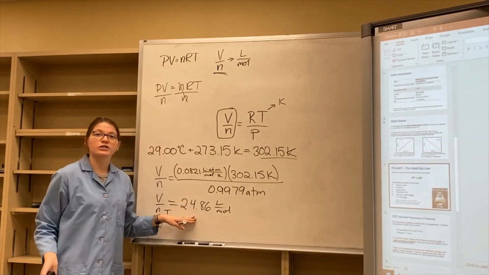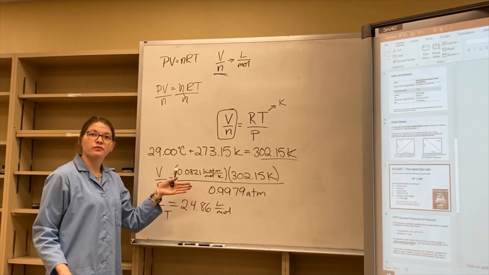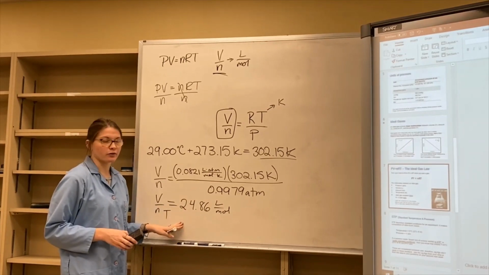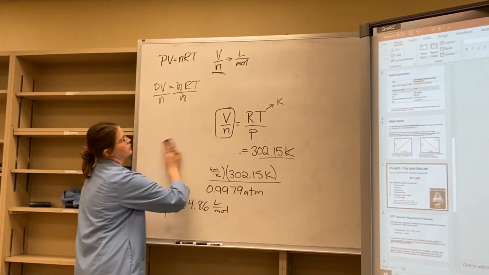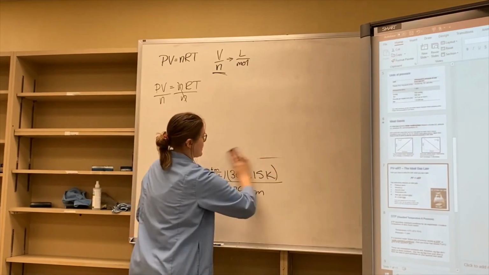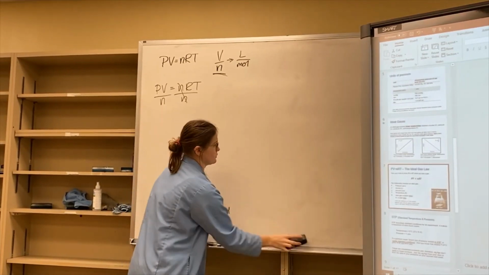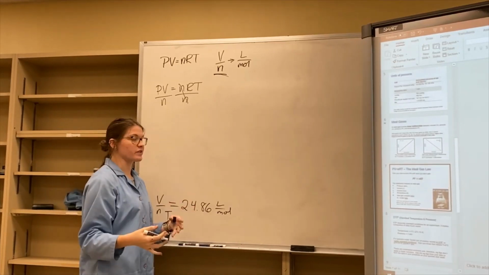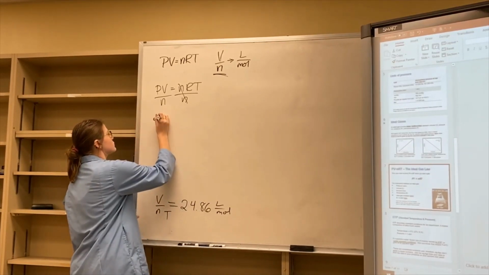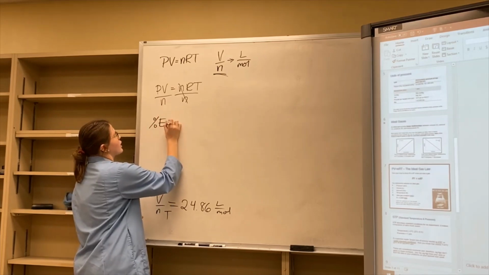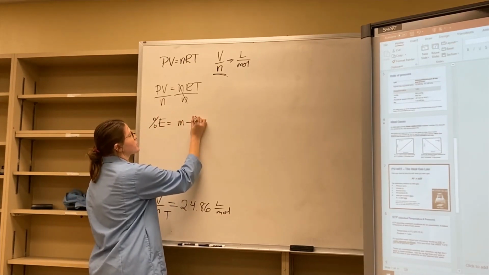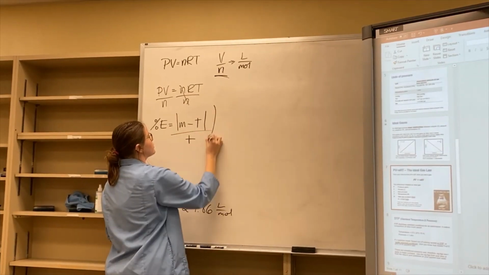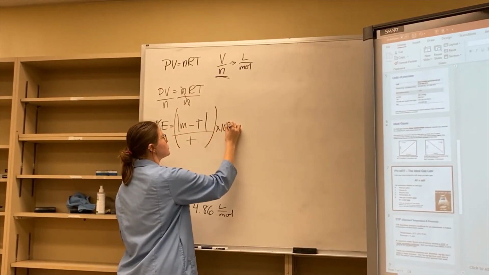The last thing you need to do is take your measured volume, the averages of all those, and compare them to your theoretical value in 2 ways. Typically, as you guys have probably seen in all the experiments we've done before, we do a percent error. And if you remember, that's going to be measured minus theoretical with the absolute value bars over theoretical times 100.